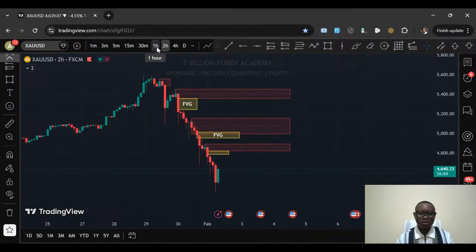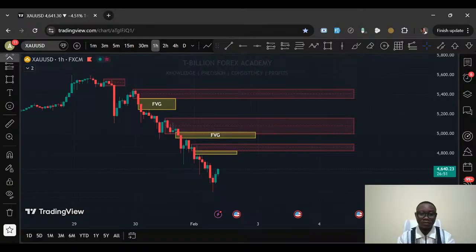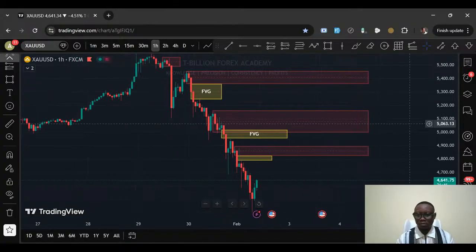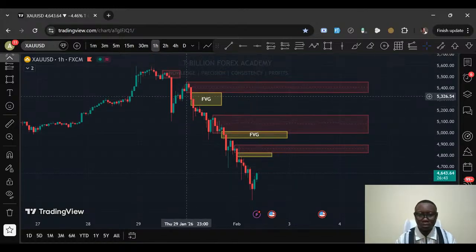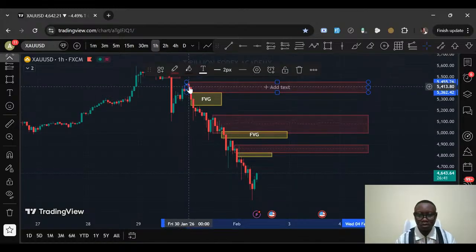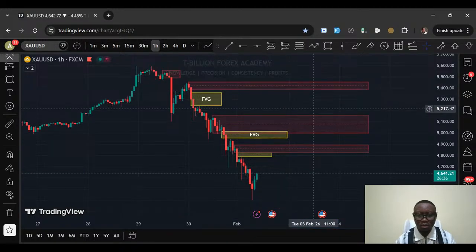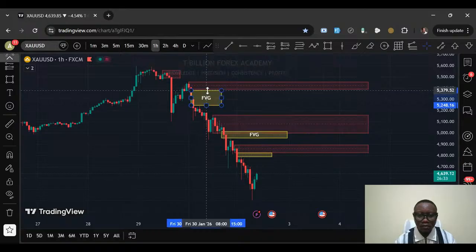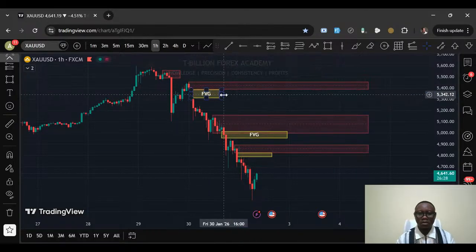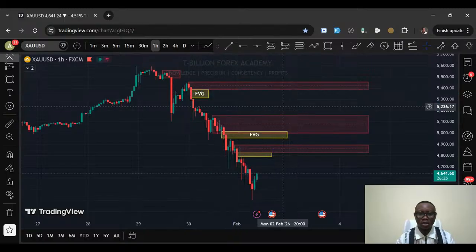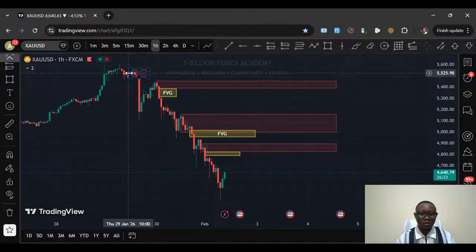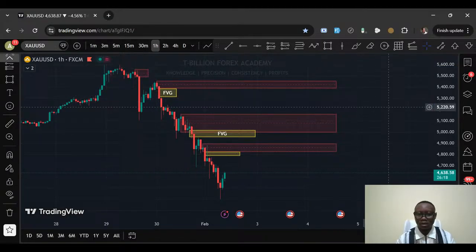All right, so let's drill down to the 1H time frame to further refine the zones. So this becomes this candle here, and this candle here. Then we have this and this. So this is our FVG on 1H. Our order block here is this guy right here.